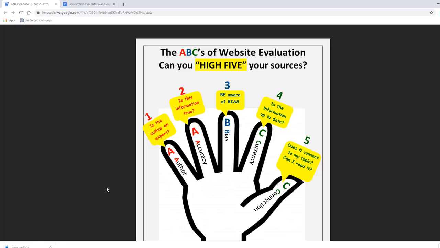So that would be a good expert author. Is the information accurate? Is there bias? You can use sites that have bias, but you need to be aware of it. Is the information up to date? And does this connect to my topic and can I read it? So we're going to go through each one just to give you examples of good and bad so you understand how to assess a good resource.